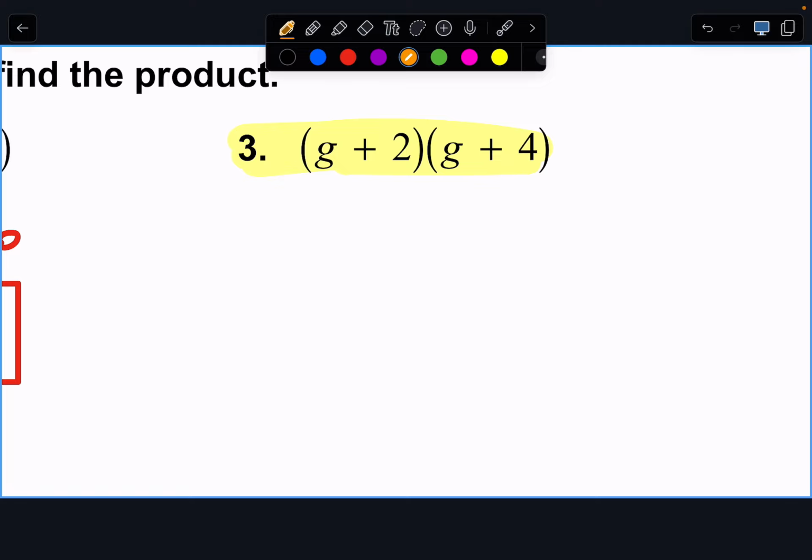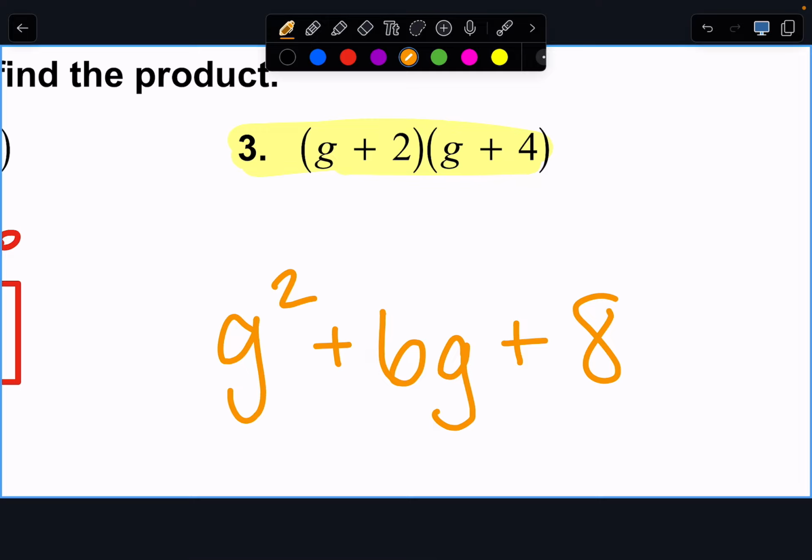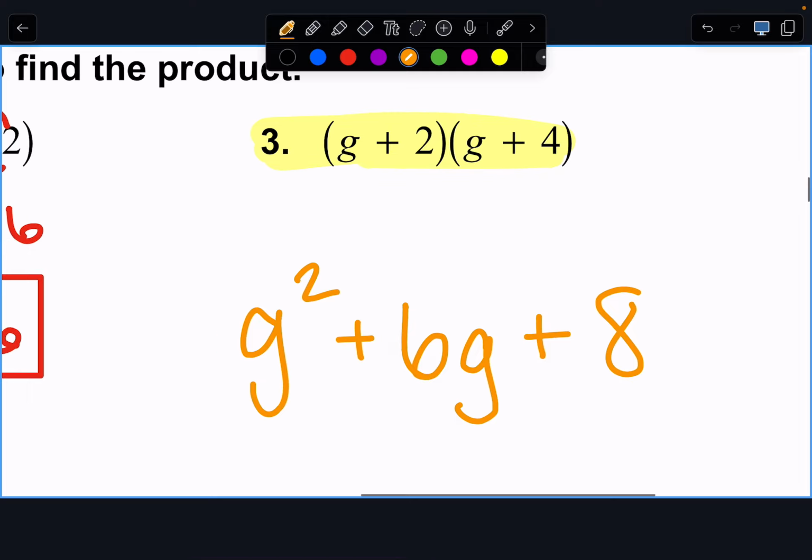All right, is your answer for number 3 g squared plus 6g plus 8? Yes. Excellent.